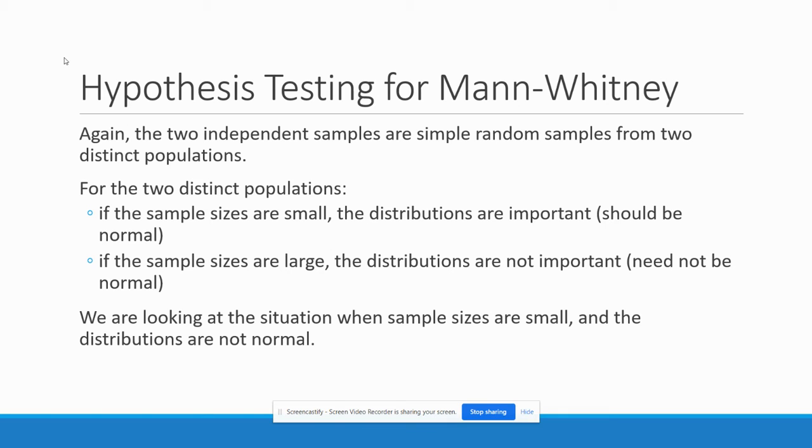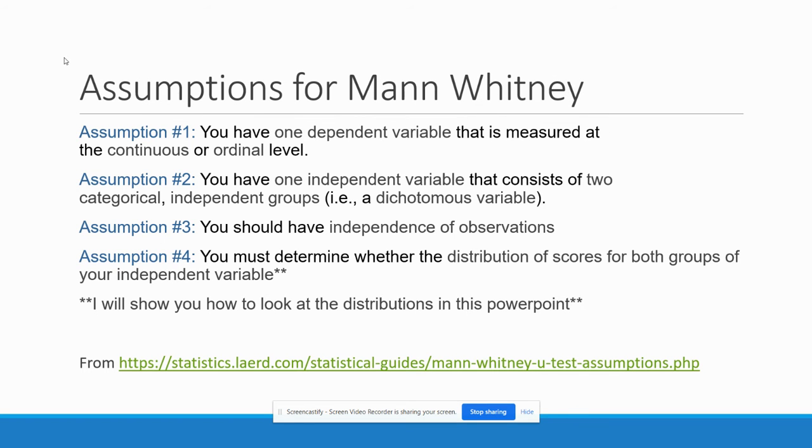What that means is when data sets get larger and larger, we're not too concerned about the shape. And when I'm talking large, I'm talking millions, like maybe millions of rows. But when the sample sizes are very small, you've got to look at those distributions. So we're going to look at a situation where the sample sizes are small and the distributions are not normal.